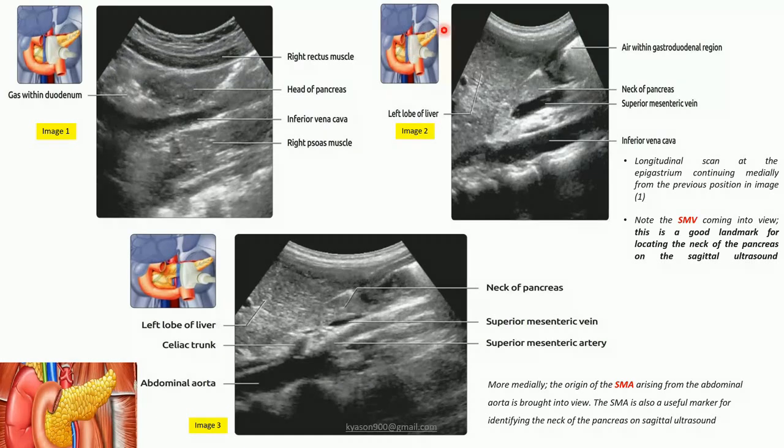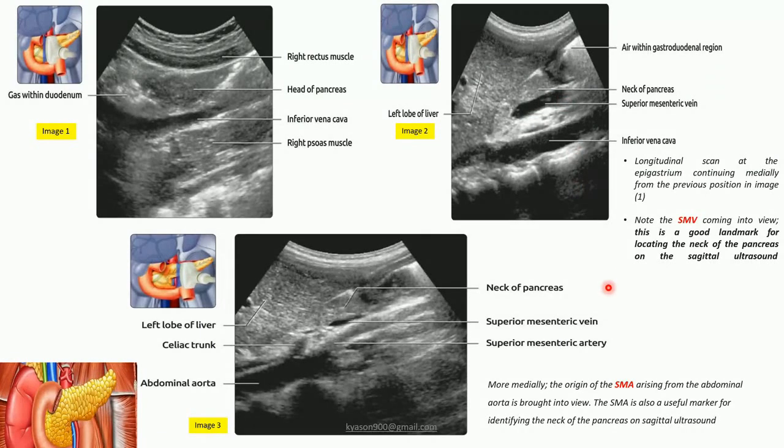Our splenic is running in a transverse orientation. So in this scanning plane, you can only see the superior mesenteric vein. Remember, this vein is running downwards, as you can see in this small image here. So if you position your probe in such a sagittal scanning plane, obviously you'll see it running behind the neck of the pancreas.